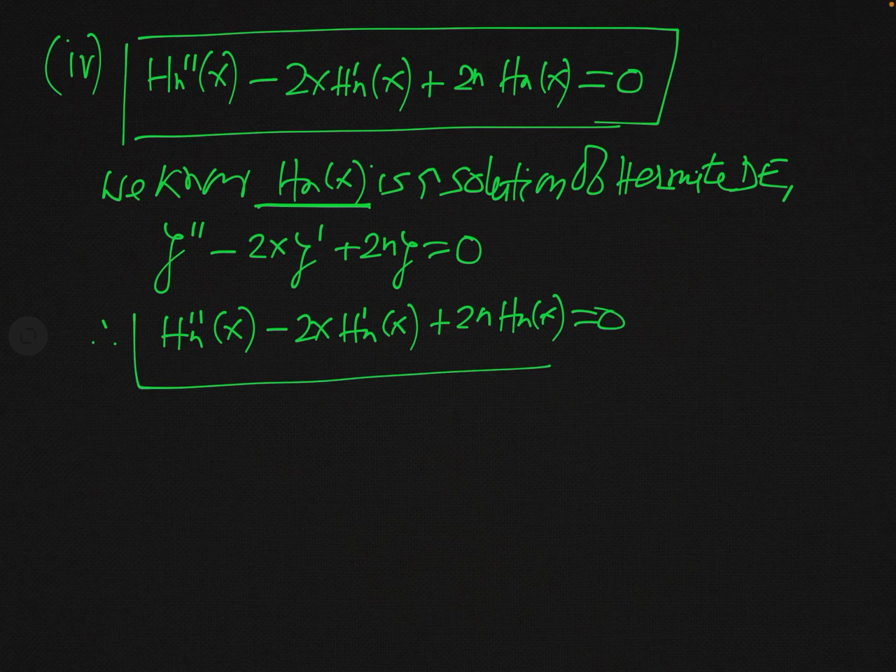So this is nothing but the Hermite differential equation, and you can see this fourth recurrence relation actually says that the Hermite polynomial Hn of x is a solution of the Hermite differential equation. So these are the four recurrence relations regarding the Hn of x.